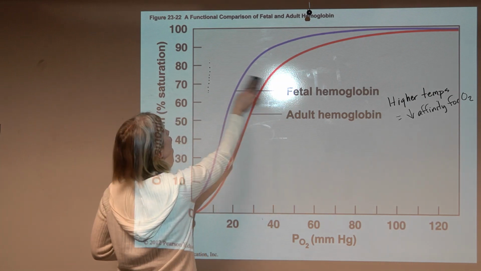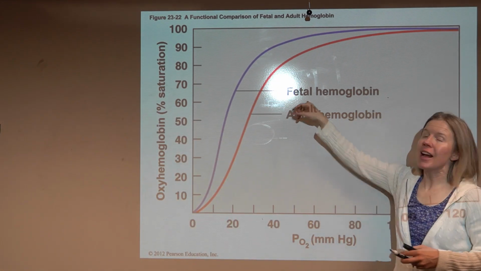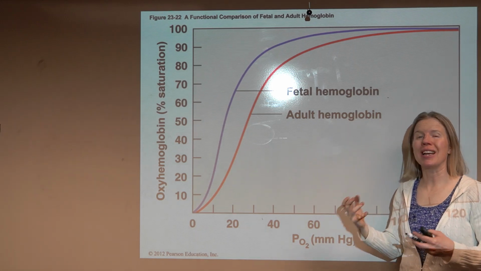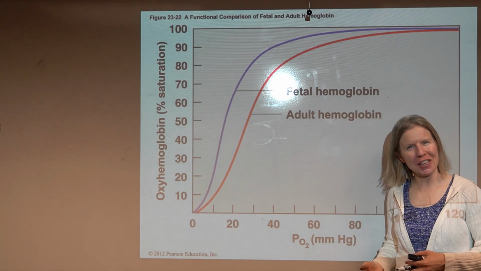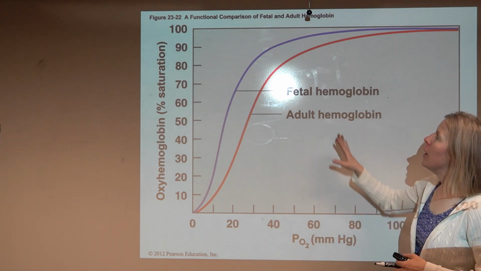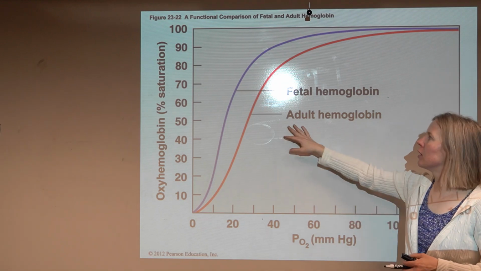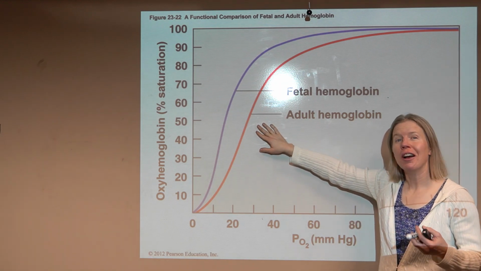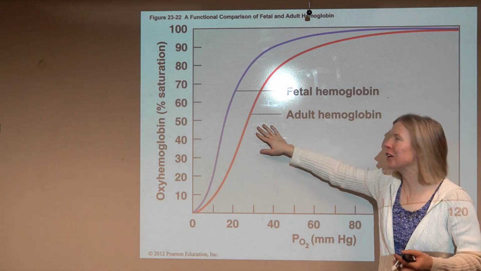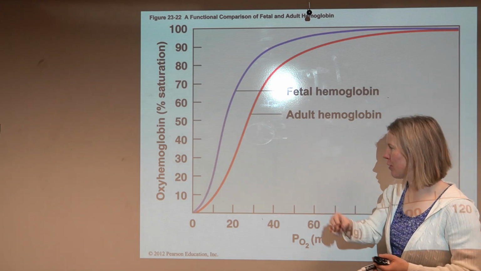This graph is showing fetal hemoglobin. As a fetus, you actually are producing a slightly different version of hemoglobin. This is wild. And notice fetal hemoglobin is a left shift compared to normal adult hemoglobin. That means it has a higher affinity for oxygen.